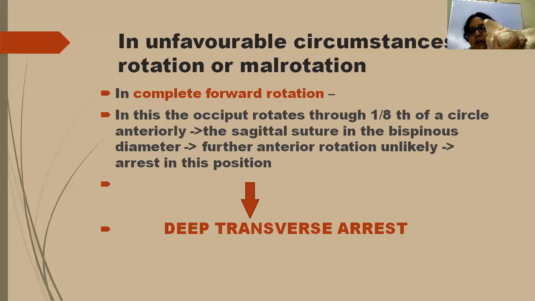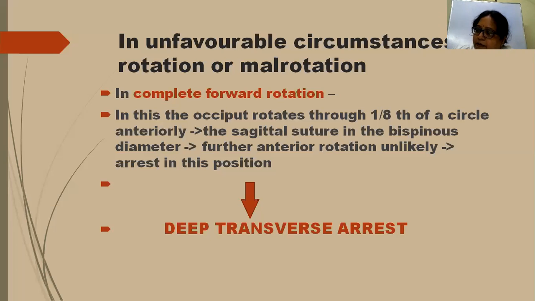That is, in an android or anthropoid pelvis, where the space is not adequate, it will lie like this in the transverse diameter of the inlet. And after that, no movement will take place. From this oblique posterior position, it has moved only 1/8 of the circle to lie in the transverse position. Further rotation will not take place, and the head is arrested in that position.